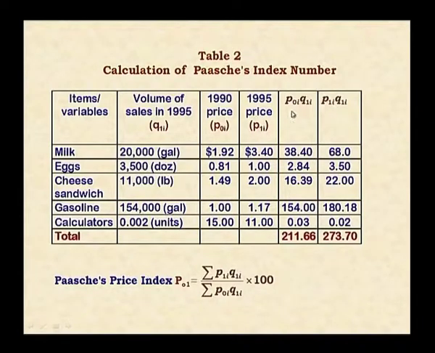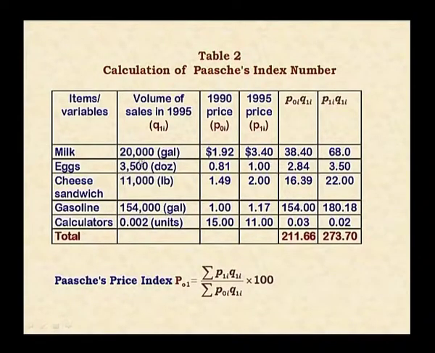Then the next column is of the product of P0i times Q1i, and the last column is of the product of P1i and Q1i, and here we have the items like milk, eggs, cheese, sandwich, gasoline, calculators.